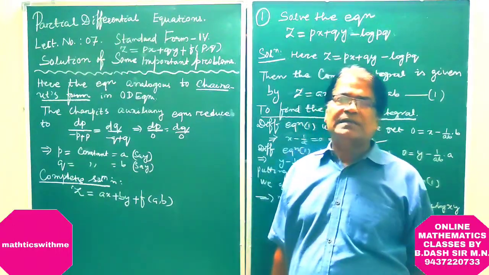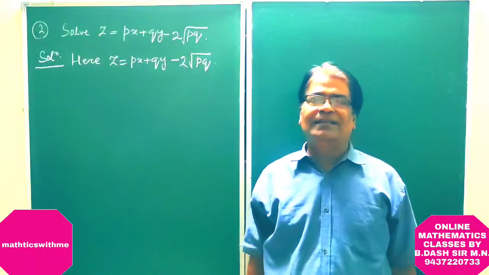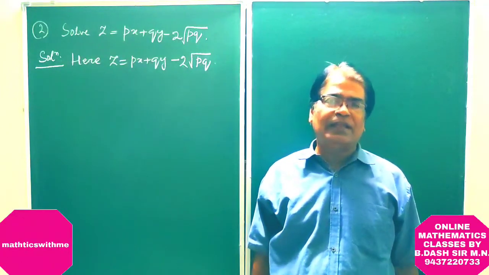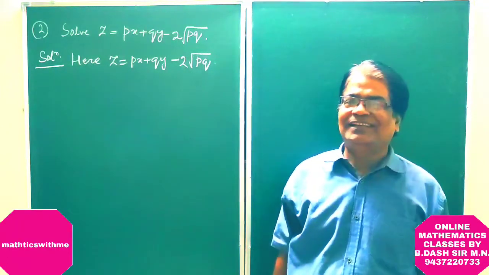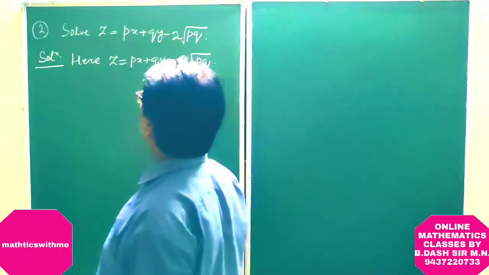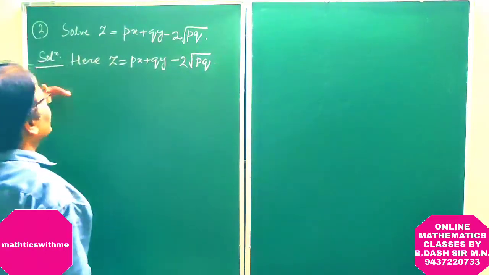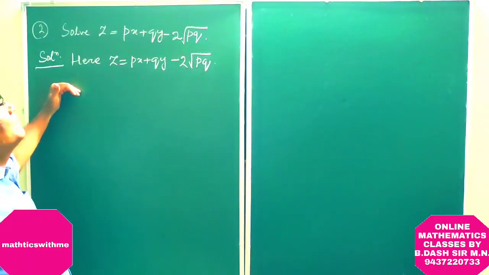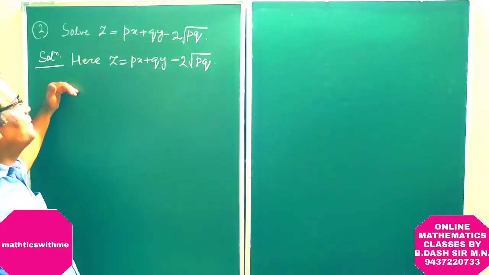With this, our first problem is solved. Let us proceed to solve the next question. Here we have to solve z is equal to px plus qy minus 2 root over of pq.